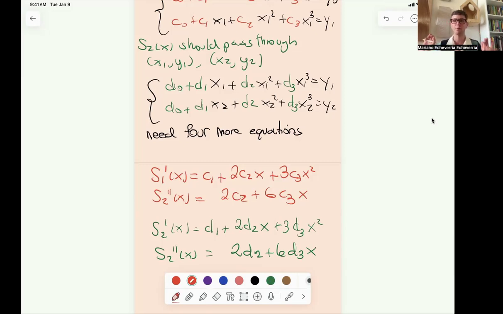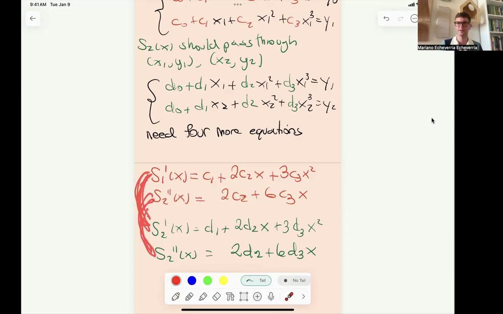Okay, so they look fine right now. What I'm saying is that we get two more equations by forcing the first derivatives to agree and by forcing the second derivatives to agree.